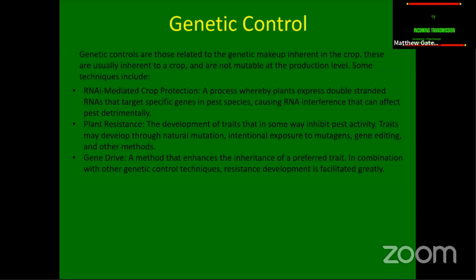And that's something that I'm excited to see more and more in cannabis. But tolerance is when a plant can more or less grow pretty well, even with some level of the pest. Resistance is when the pest actually has problems, or it's difficult for the pest to actually establish on the plant, more or less. And then immunity is when the particular organism that we're talking about cannot colonize the plant.